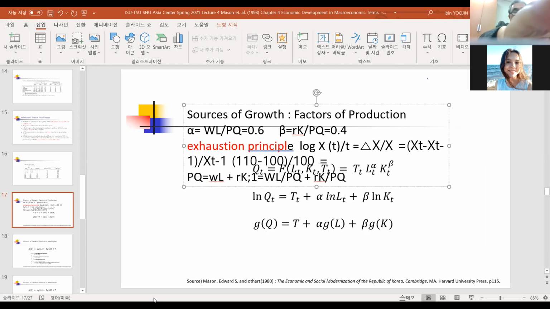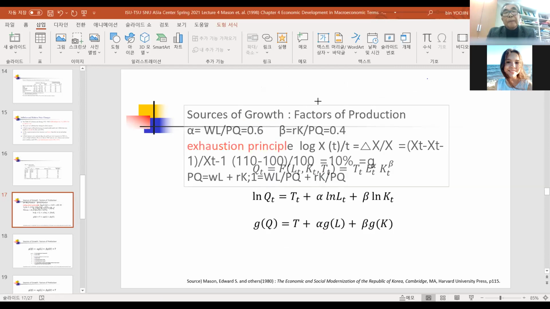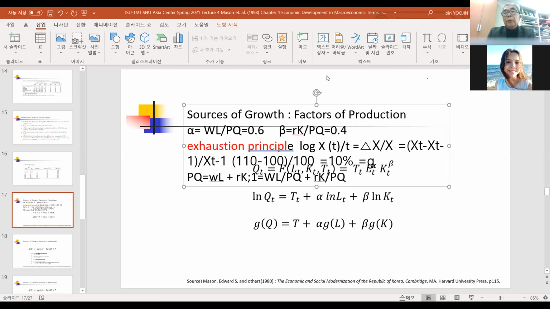So it is a 10% growth rate. Growth rate becomes 10%. You see? So in other words, pretty simply, if you take the derivative of this logarithm, you get the growth rate automatically.